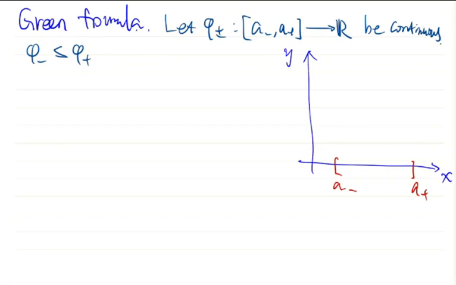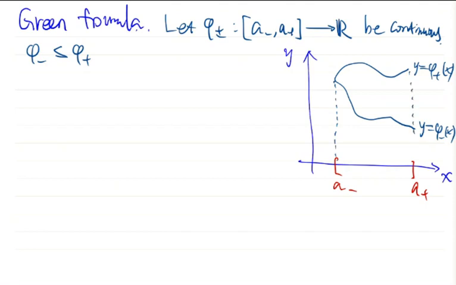So this is y equal to phi plus of x, and this is y equal to phi minus of x. So phi minus is always no greater than phi plus. That is, the graph of phi minus lies below the curve of phi plus. Then we have a region here, omega.